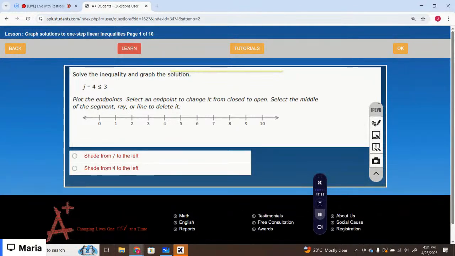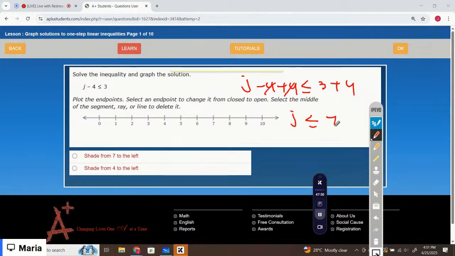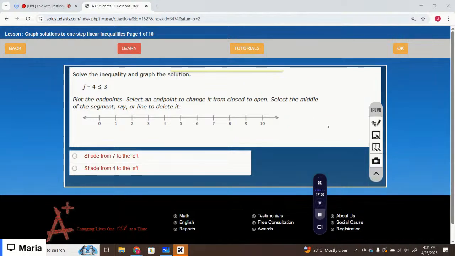Solve the inequality and graph the solution. J minus 4 is less than or equal to 3. First thing you need to do is solve the inequality. J minus 4 plus 4 is less than or equal to 3 plus 4. So minus 4 plus 4 cancels, we are left with J is less than or equal to 7. So shade from 7 to the left. Option number 1 is the correct option.